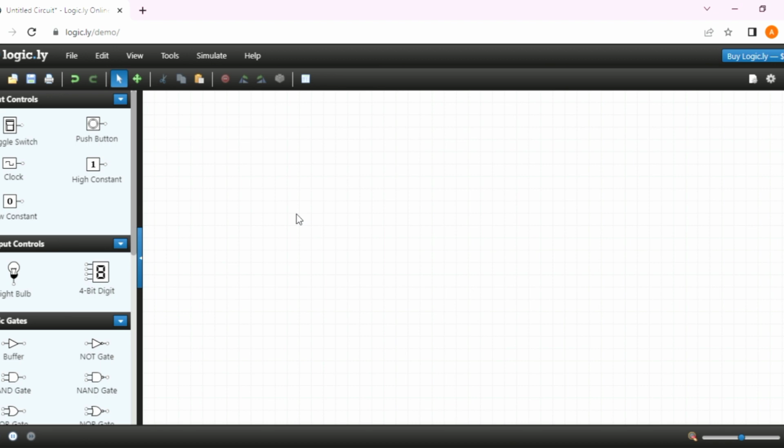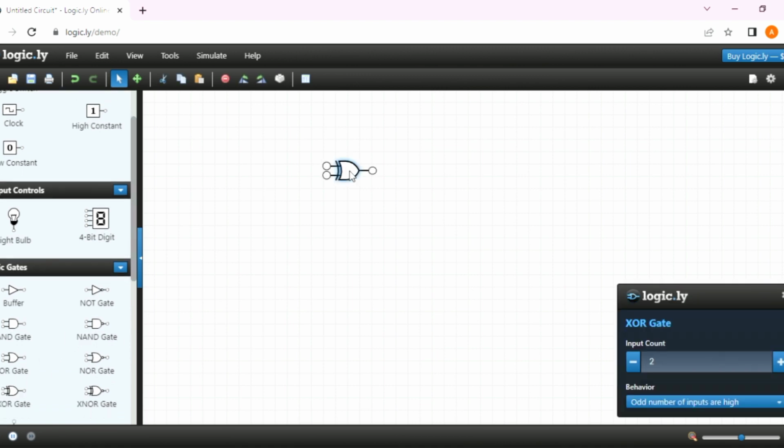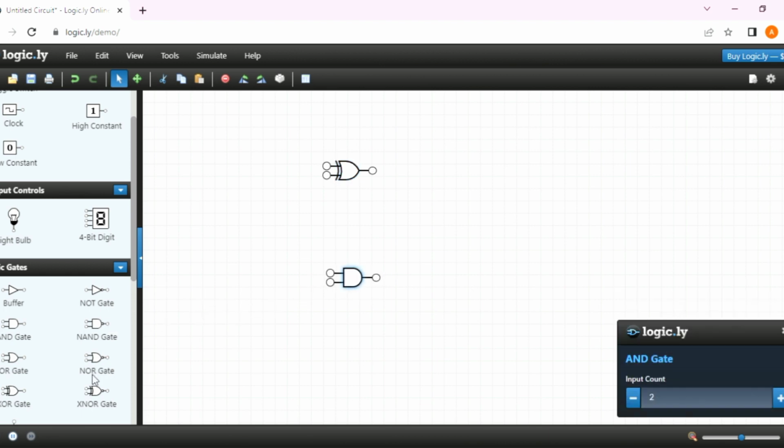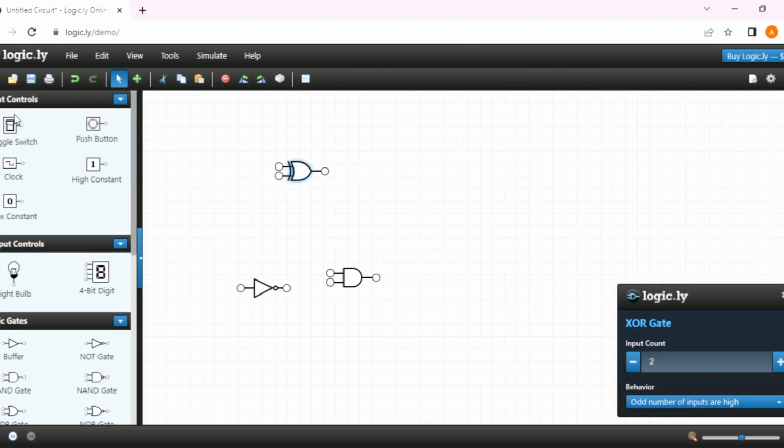Next we are going to see the half subtractor. For the half subtractor we need an XOR gate, an AND gate and a NOT gate. So there are 2 inputs.